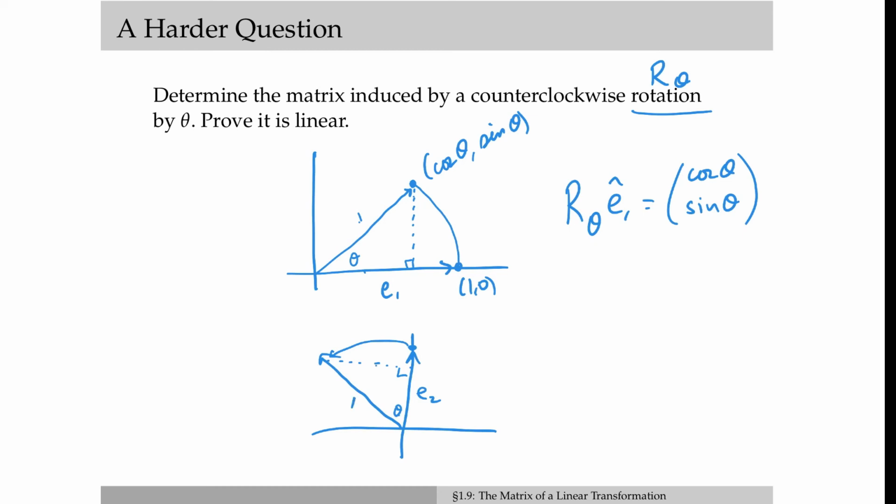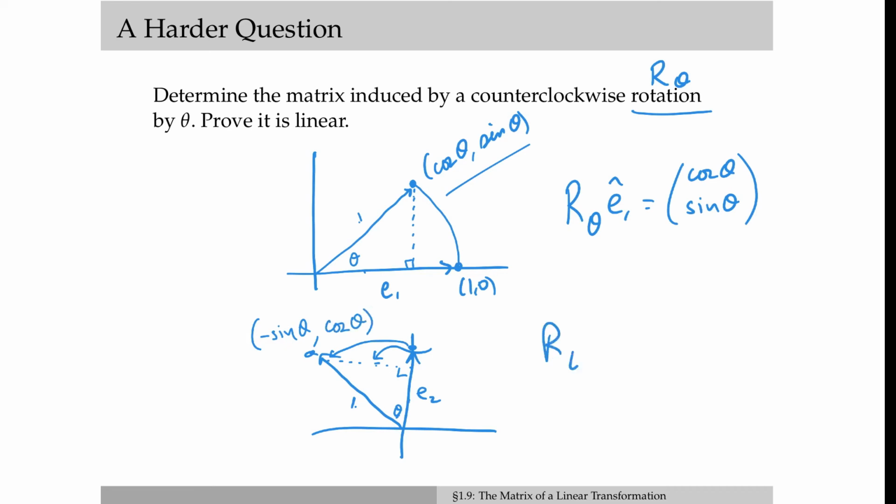This still has length 1. So that means this side right here will have magnitude sine theta, but because it's in the second quadrant, the first part of this point will be negative sine theta. And then the cosine of theta is adjacent over hypotenuse. So that means the height here will be the cosine.